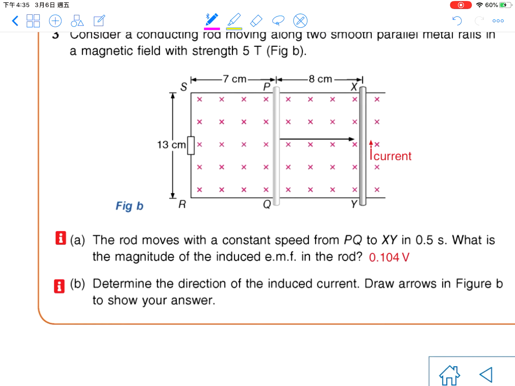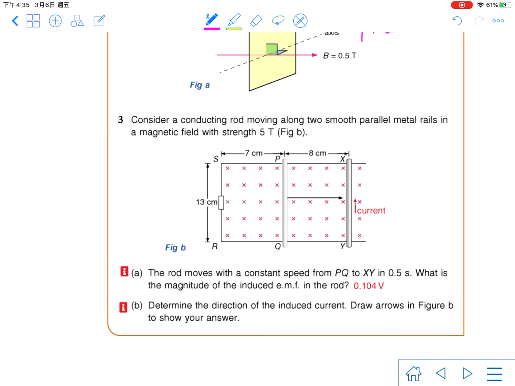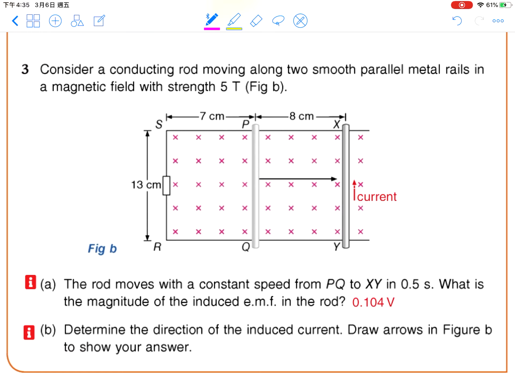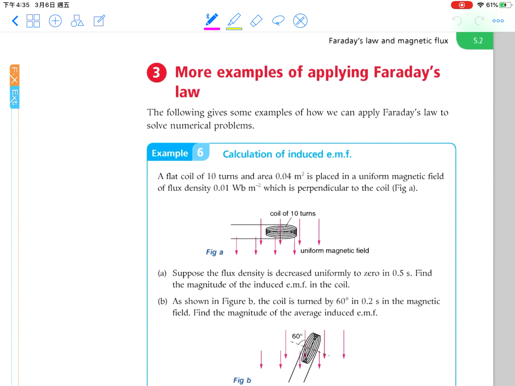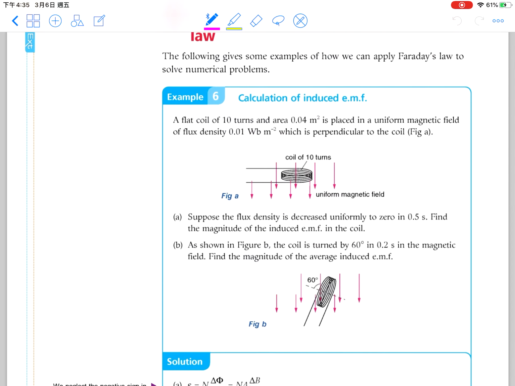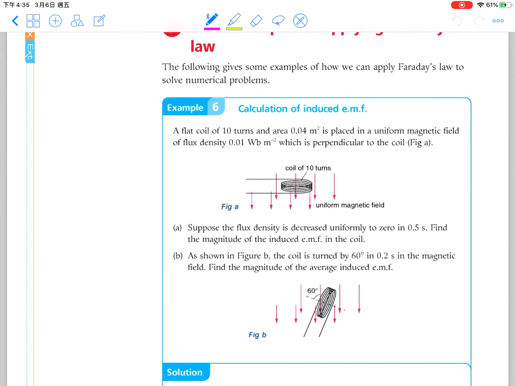Using Fleming's right-hand rule, you know the current goes up along xy, or you can think of this as a loop. There will be an increase in magnetic field into the paper, so you should create an out-of-paper magnetic field, so anticlockwise direction. The current is from y to x, and the induced EMF is BLV. Okay, that's all. Now more examples about Faraday's law.